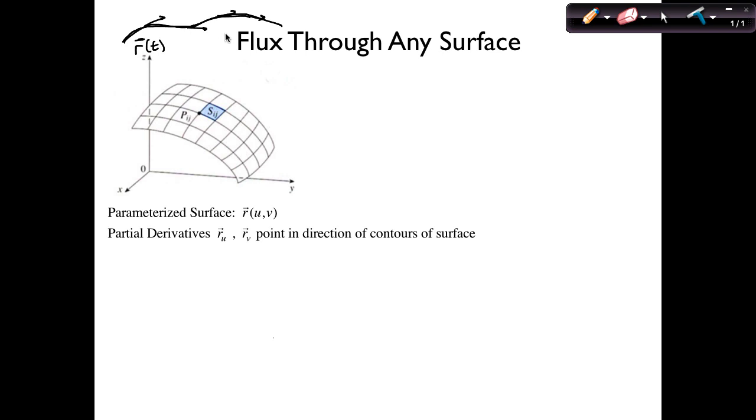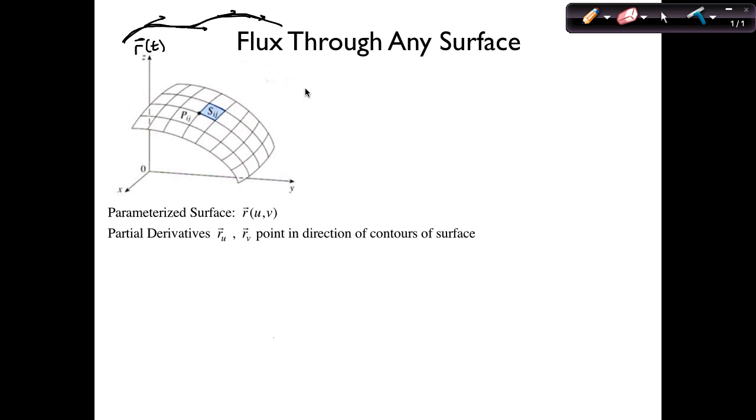So now with the same thing here, I need vectors in the direction of the contour lines of u and v. So I'm going to do partial derivatives of my vector function of u and v. So the partial with respect to u is going to give me vectors in the direction of u for a constant v, and my partial with respect to v is going to be vectors in the direction of v for a constant u.